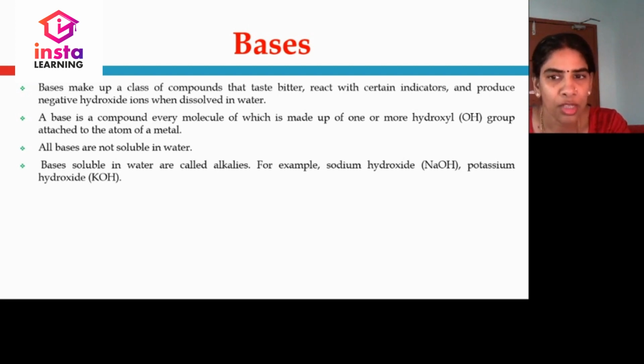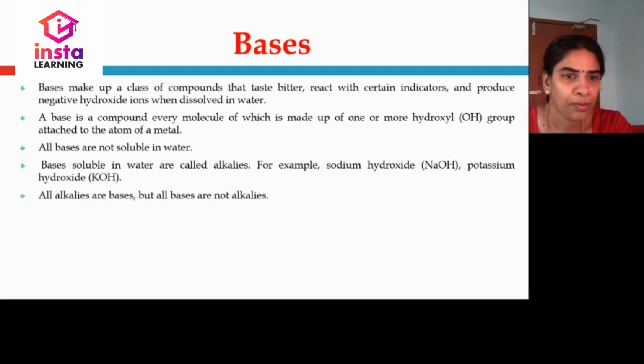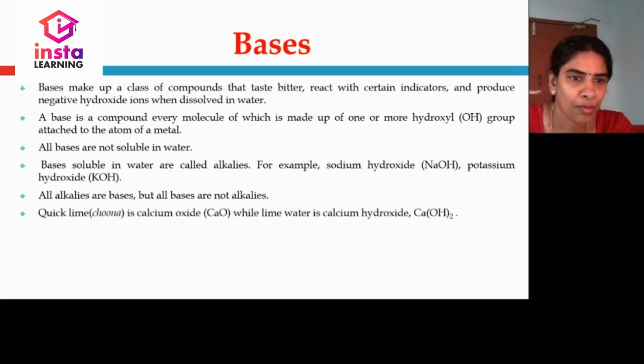For example, sodium hydroxide NaOH and potassium hydroxide KOH are called alkalis. All alkalis are bases, but all bases are not alkalis because all bases are not soluble in water. Quicklime is calcium oxide, while lime water is calcium hydroxide.